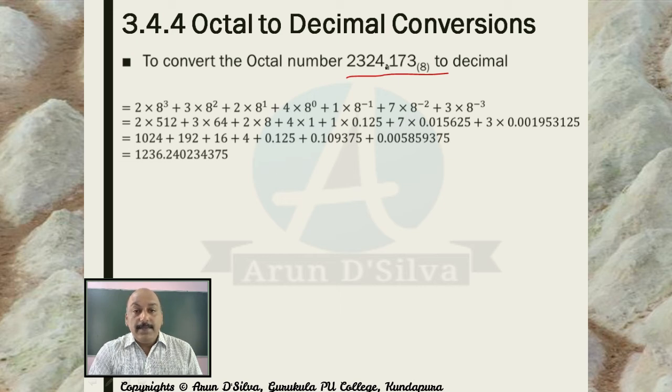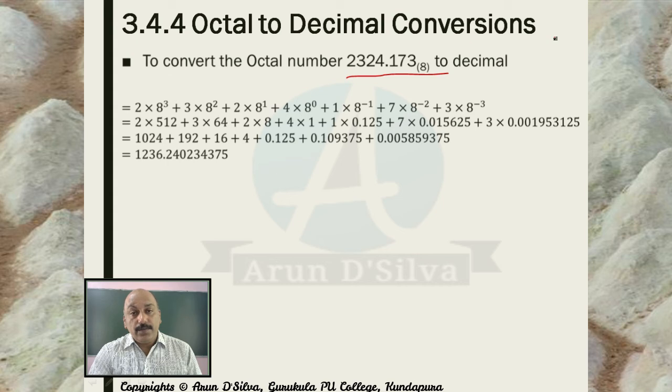For the left side of the decimal point, the weightage goes 0, 1, 2, 3. To the right it goes minus 1, minus 2, minus 3.